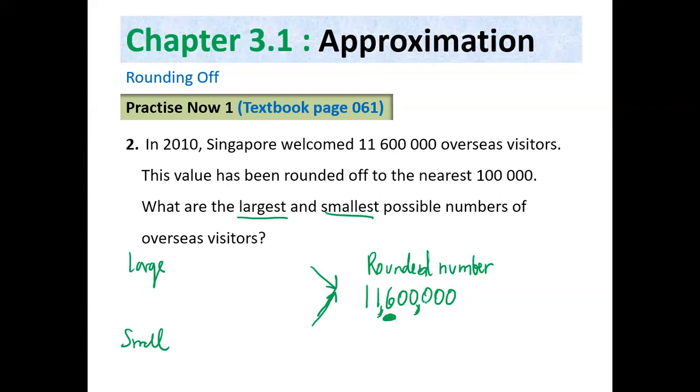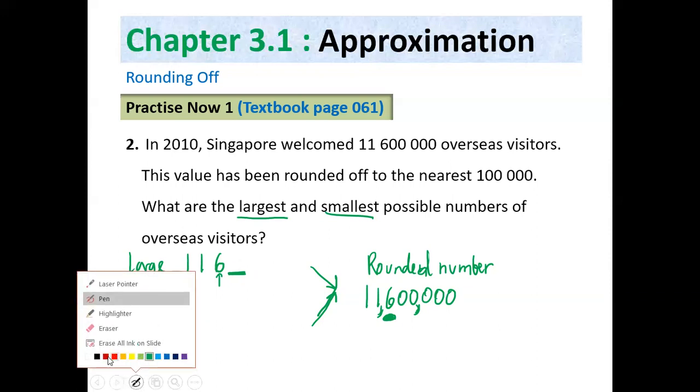I'm sorry. So for the large number, it's supposed to be 11,600 here. You have to increase the number, right? But when you increase the number, you have to make sure that the 6 stays. So it will be 4 or below, right? Get it? This is 4 or below. It's supposed to be like that.